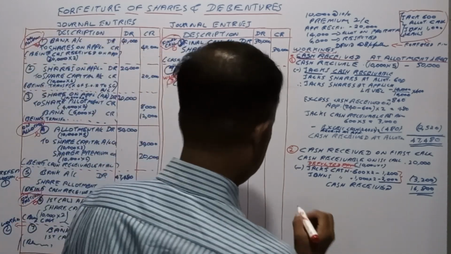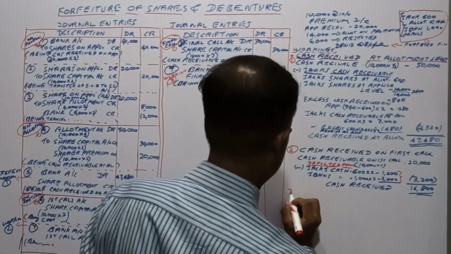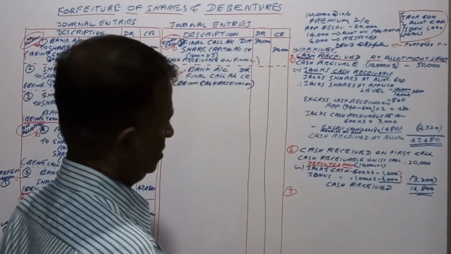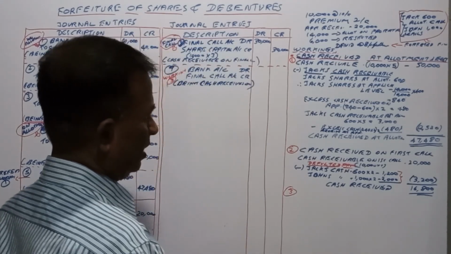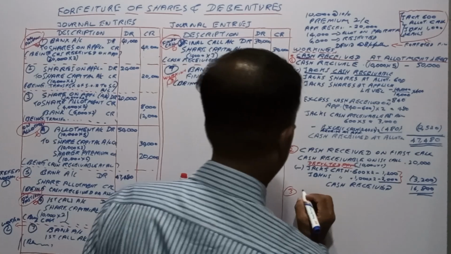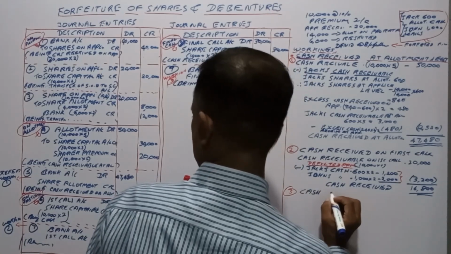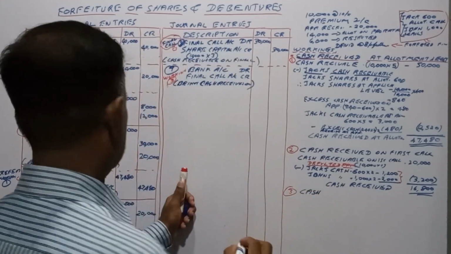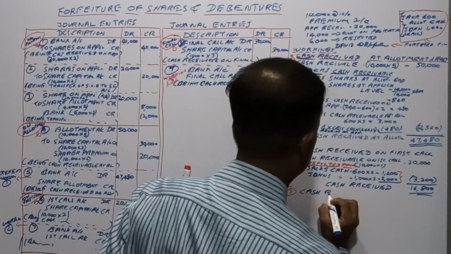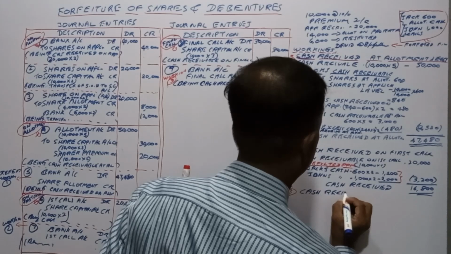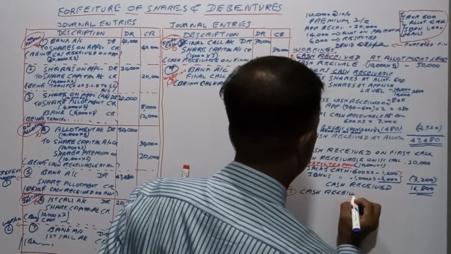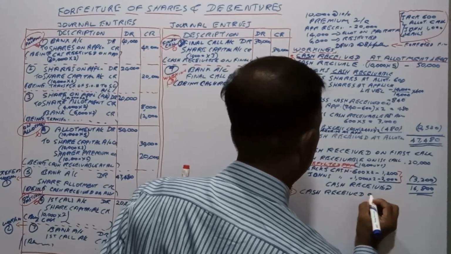So here on third adjustment, third working, cash received on final call.